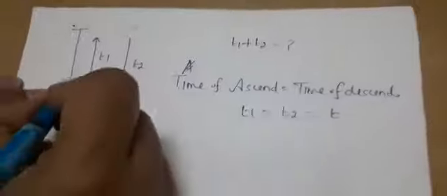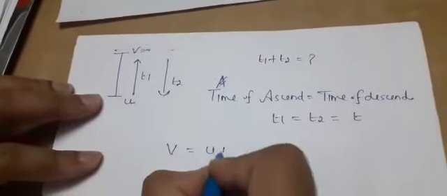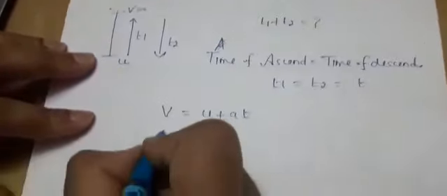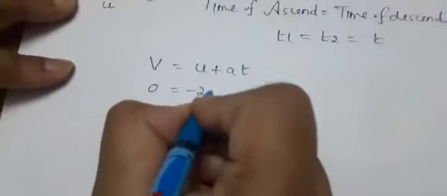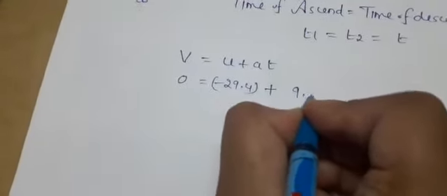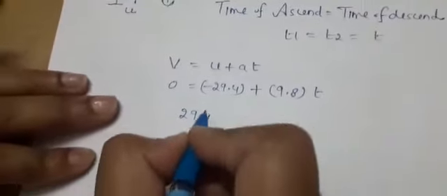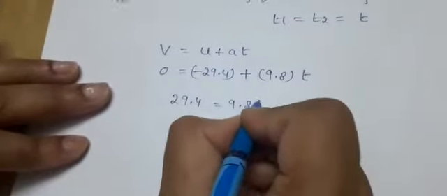Now when the body is thrown with speed u and at the highest point velocity becomes 0, apply v equal to u plus at. So v is 0, u is minus 29.4 plus a is positive 9.8 meter per second square into t. So it is 29.4 equal to 9.8 t.